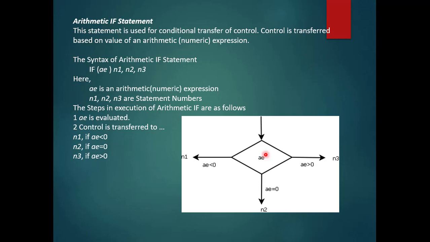So here A is going to be evaluated, and that's the reason it has been put into the condition box. If it is found to be less than 0, it will go to the N1. If it is found to be 0, then it will transfer to N2, and if it is greater than 0, it will transfer to the N3.